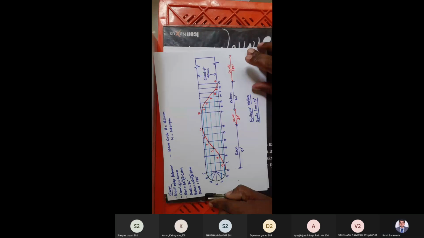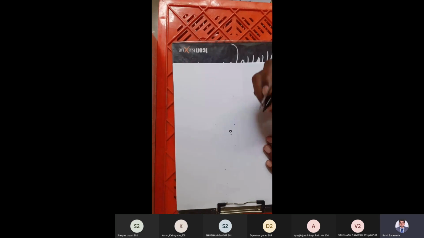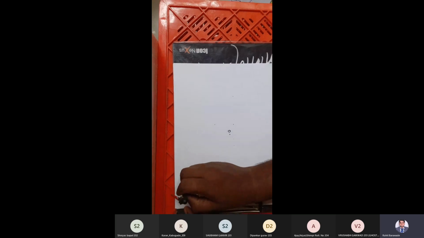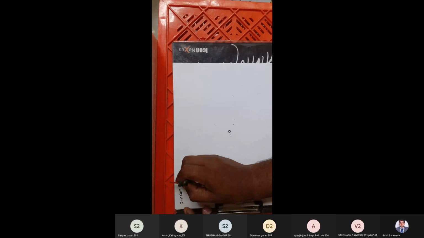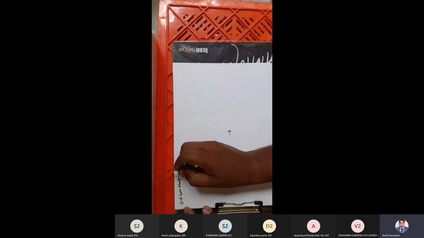So always first we will take a point representing the camshaft point, the center of a camshaft. This O point represents the camshaft center.